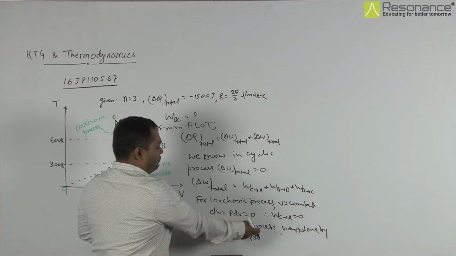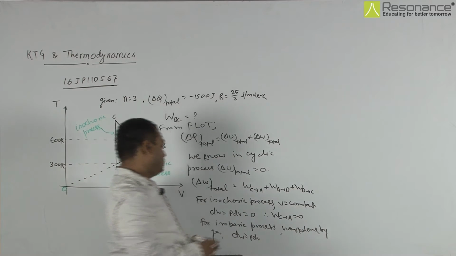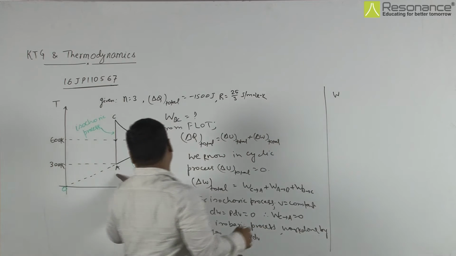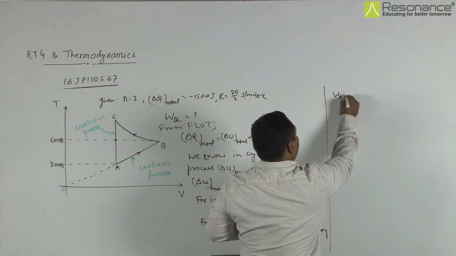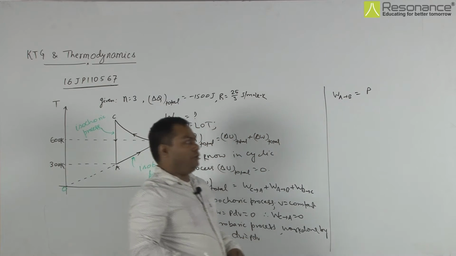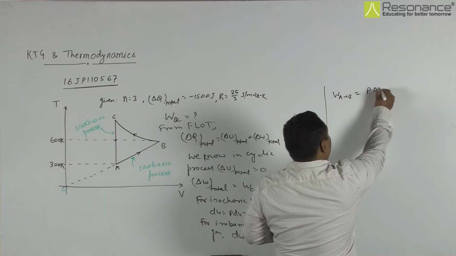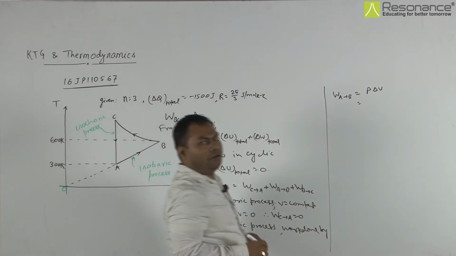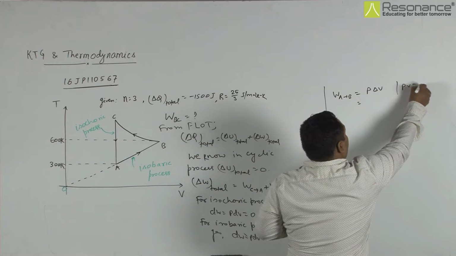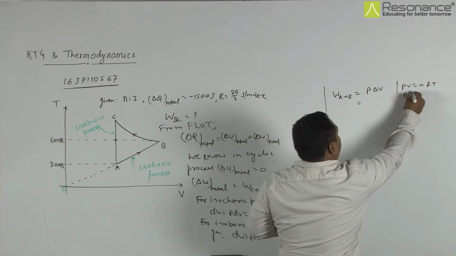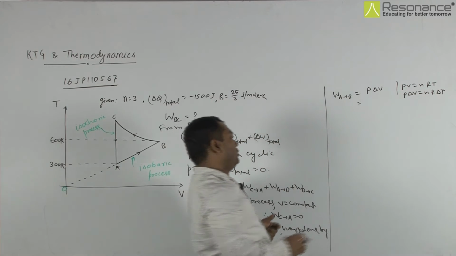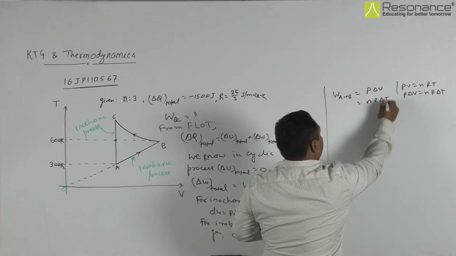In isobaric process, pressure is constant, so we will write W for A to B as pressure is constant, take it out, and integral of dV, of course that will be delta V. Now from gas equation, PV equals nRT, you can write P delta V equals nR delta T. So in place of P delta V you can put nR delta T.